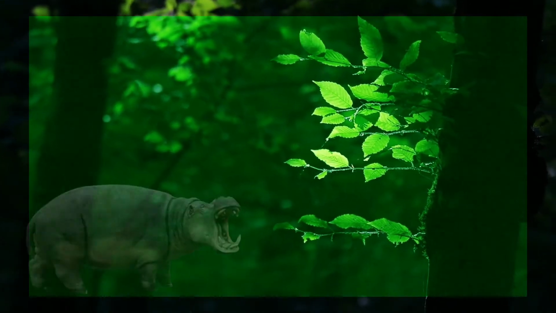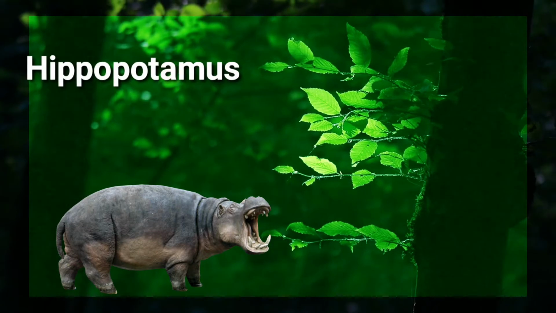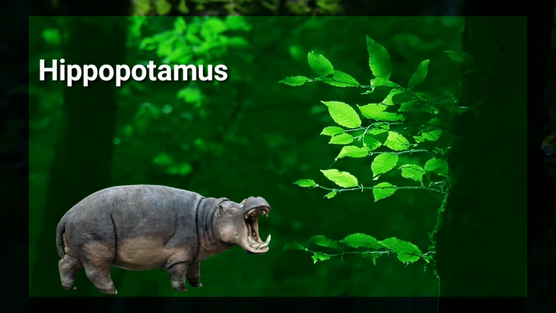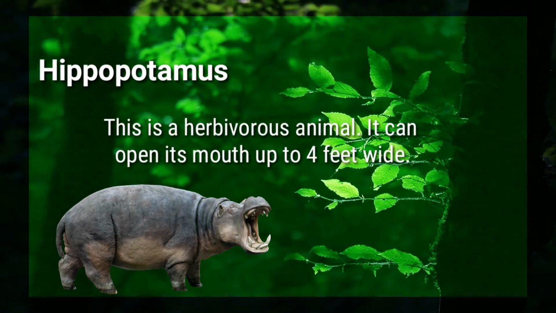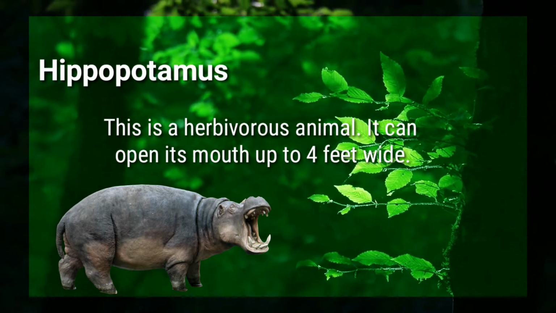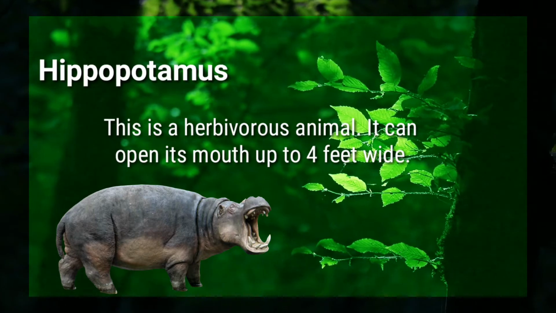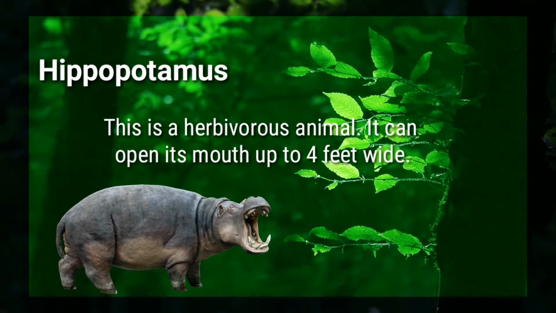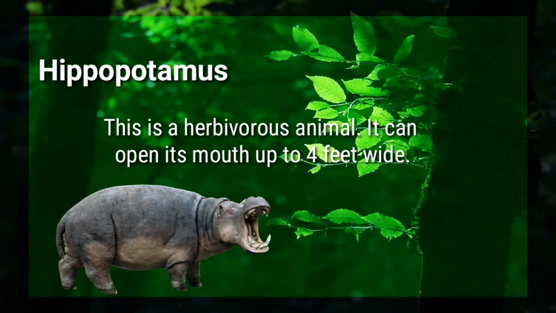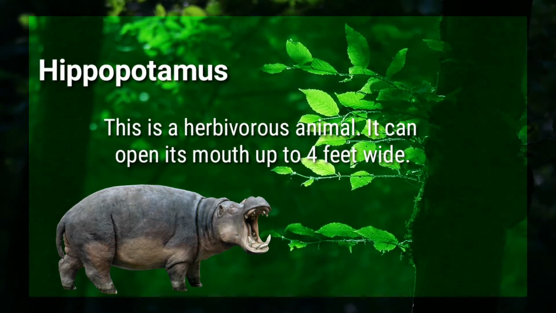Next, you can see a hippopotamus. It can open its mouth up to 4 feet wide. It usually stays in water all day and comes out at night to eat grass.